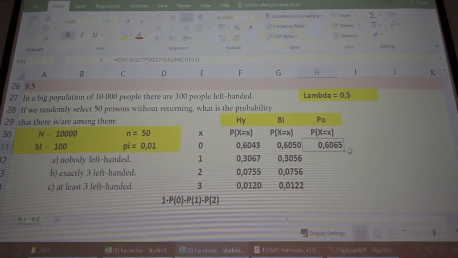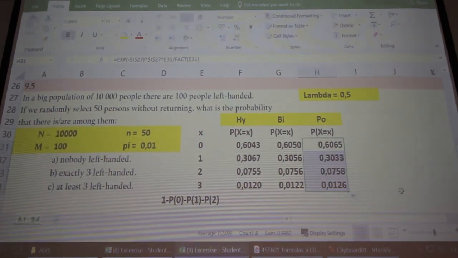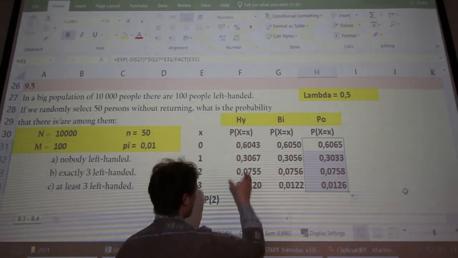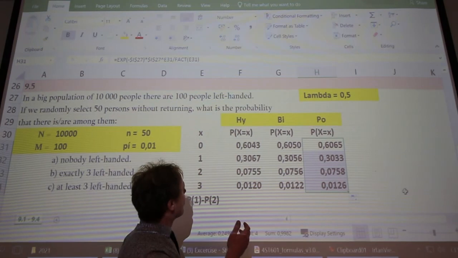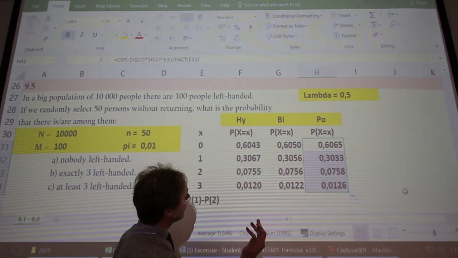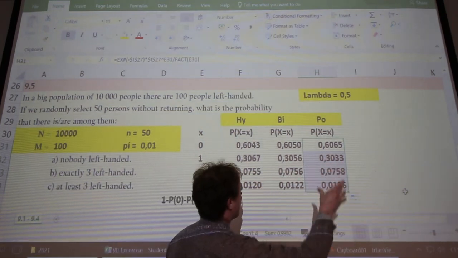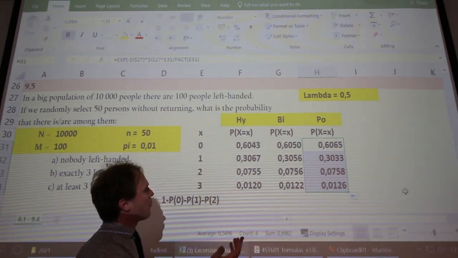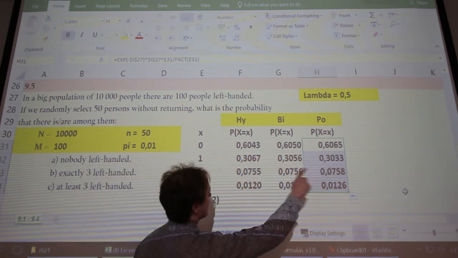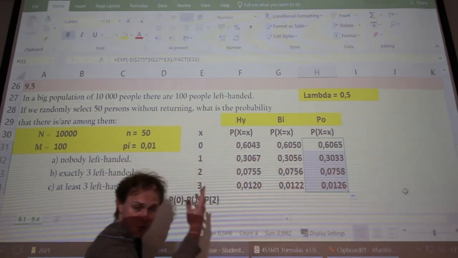And you can see that we have again similar results. The hypergeometric distribution in this situation was not possible to produce on the calculator. So we used binomial and Poisson on the calculator for obtaining the results, and you can see the differences are not significant.